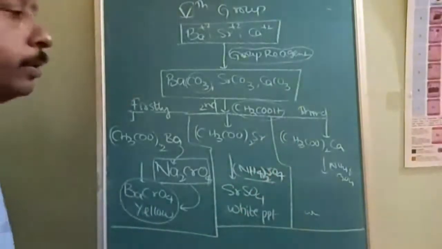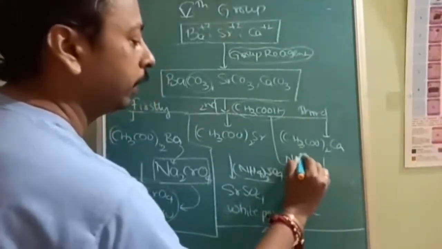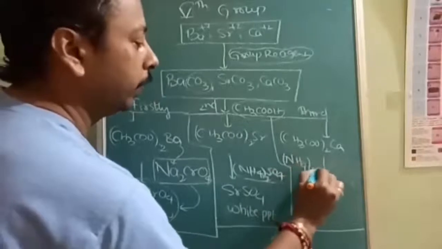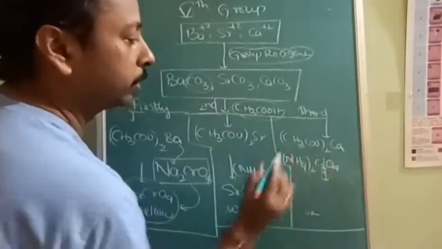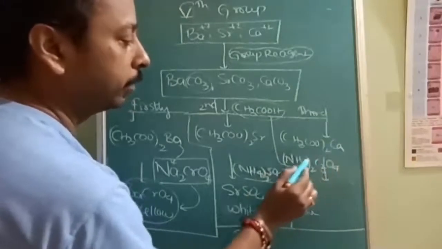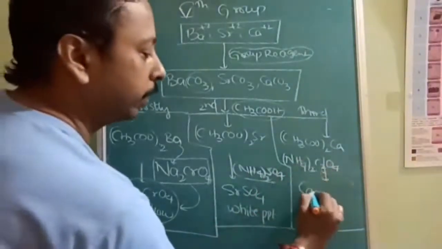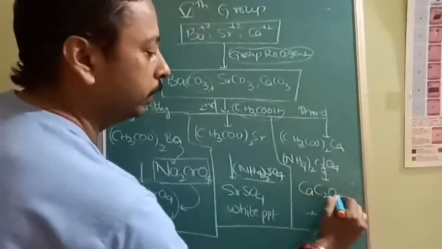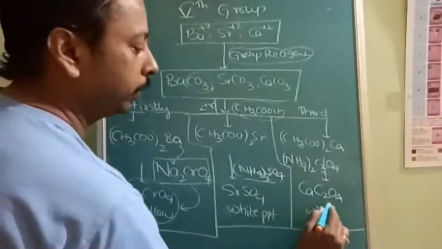Same way, next is ammonium oxalate, (NH4)2C2O4. Calcium acetate on treatment with ammonium oxalate is converted into calcium oxalate, CaC2O4. This is also white in color.